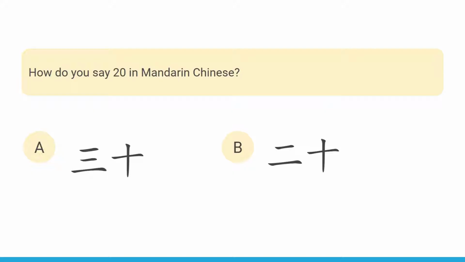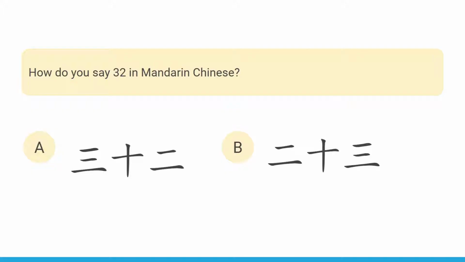It's time for a quiz. 1. How do you say 22? 2. How do you say 32? 3. How do you say 12?